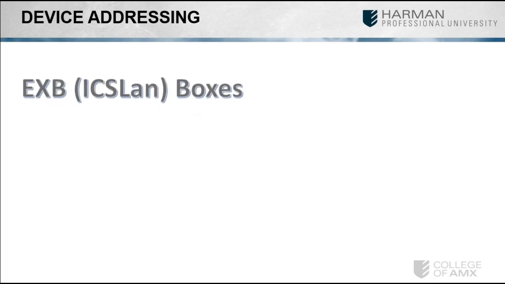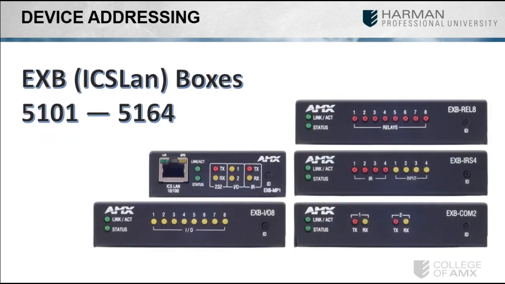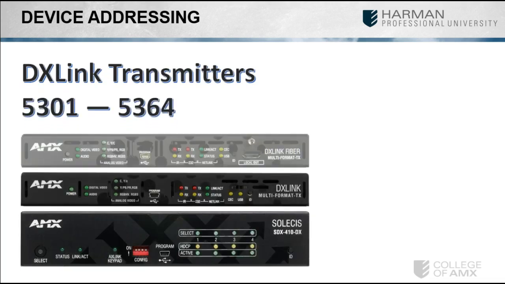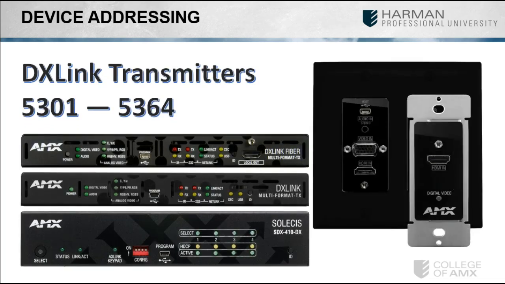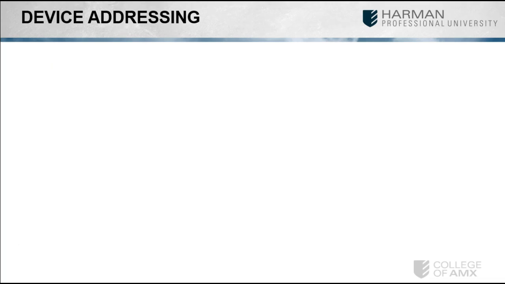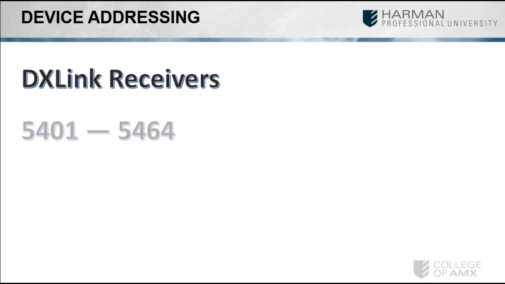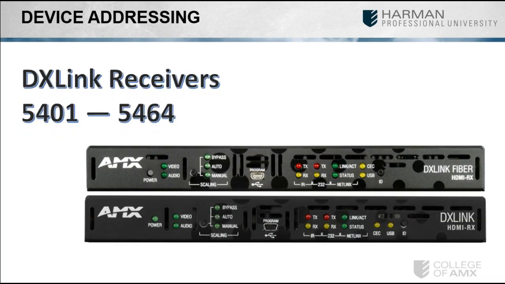EXB boxes start at 5101 and go through 5164. DXLink transmitters go from 5301 to 5364. And DXLink receivers use 5401 to 5464.